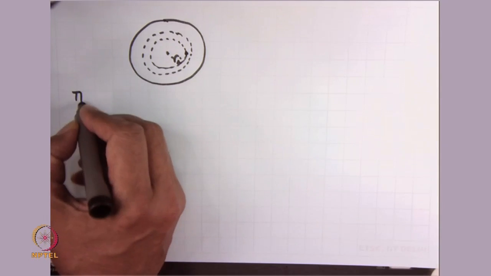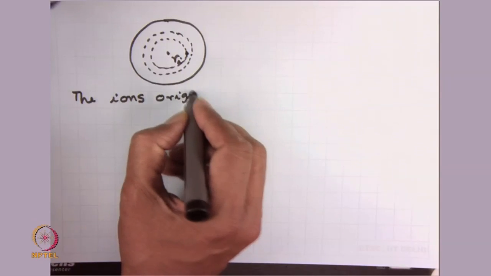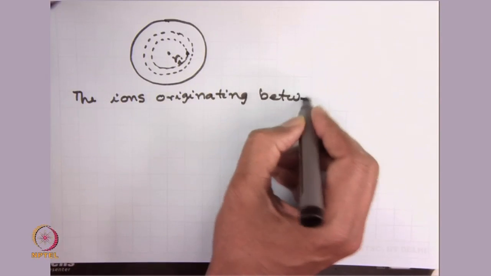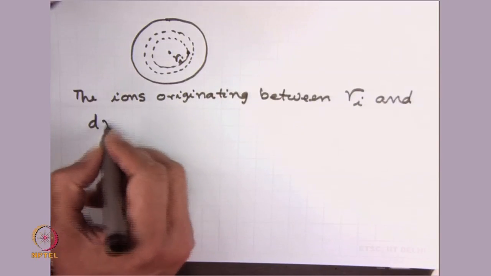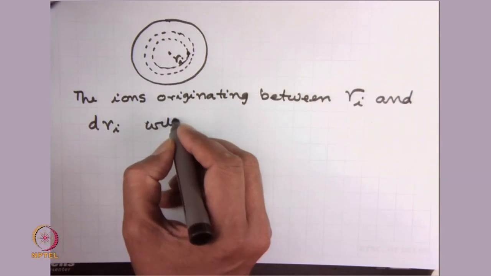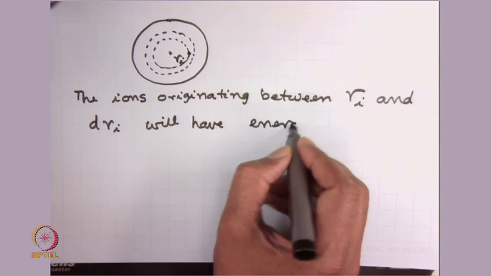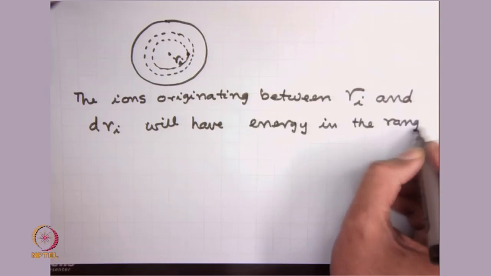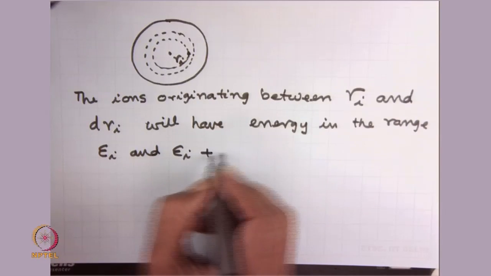So the ions originating between Ri and Ri plus dRi will have energy in the range Ei and Ei plus dEi.